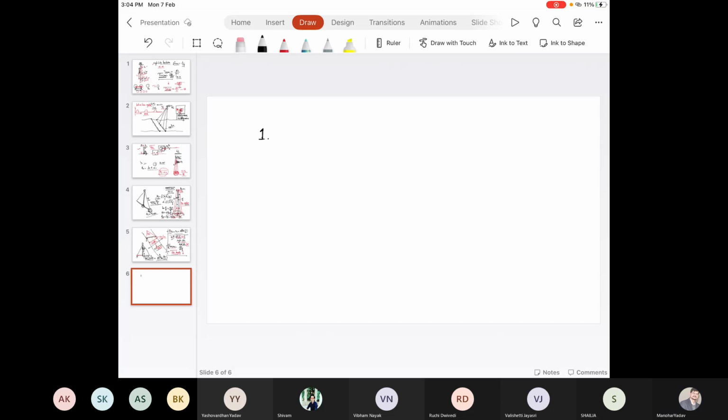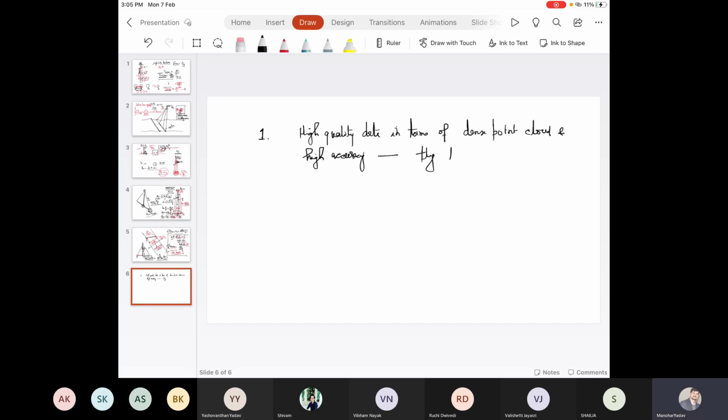The first conclusion is: for high quality data, in terms of dense point cloud and high accuracy, to obtain this, fly the aircraft at low altitude.